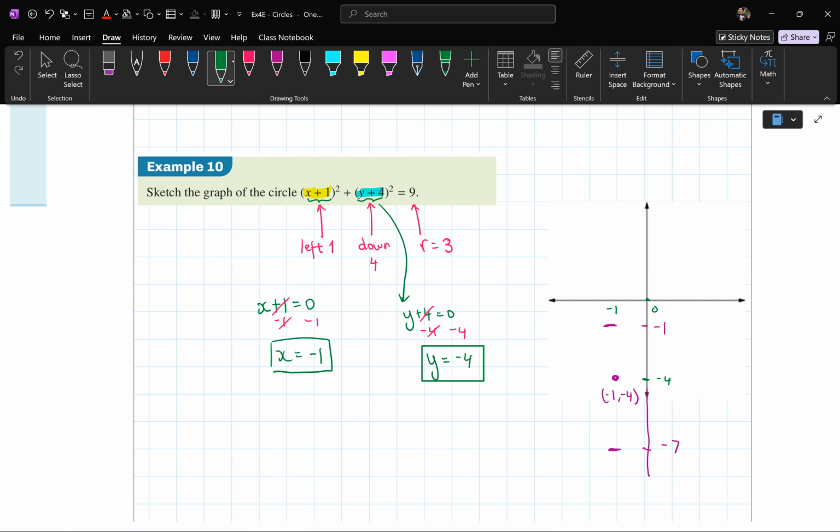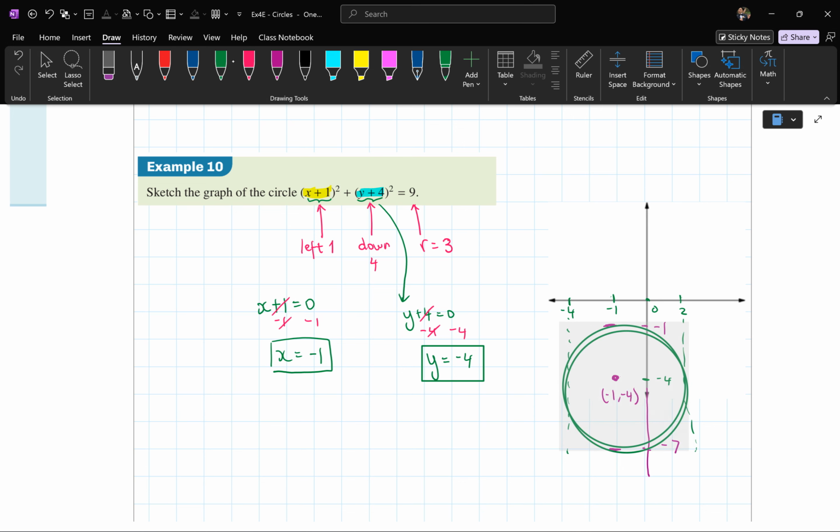The center is at negative 1 and the radius is 3, so plus and minus 3: negative 1 minus 3 gives minus 4, and negative 1 plus 3 gives 2. So the width of the circle can only be a maximum of 2 and a minimum of negative 4. When I sketch the circle, I expect it to look something like this.